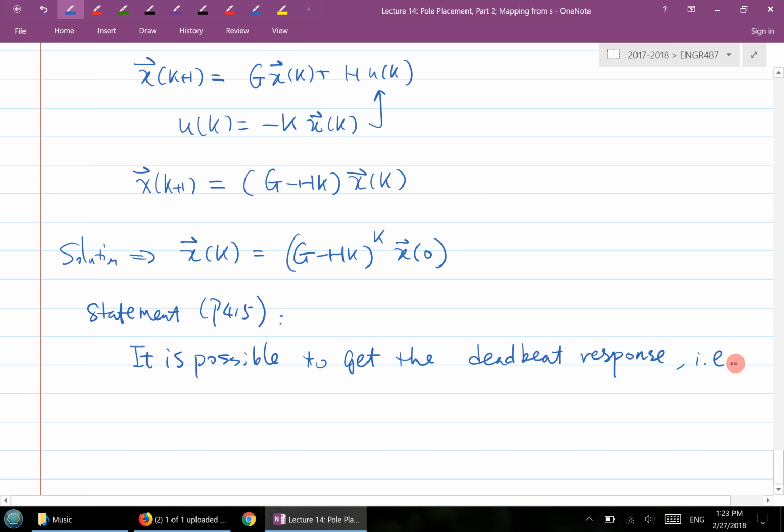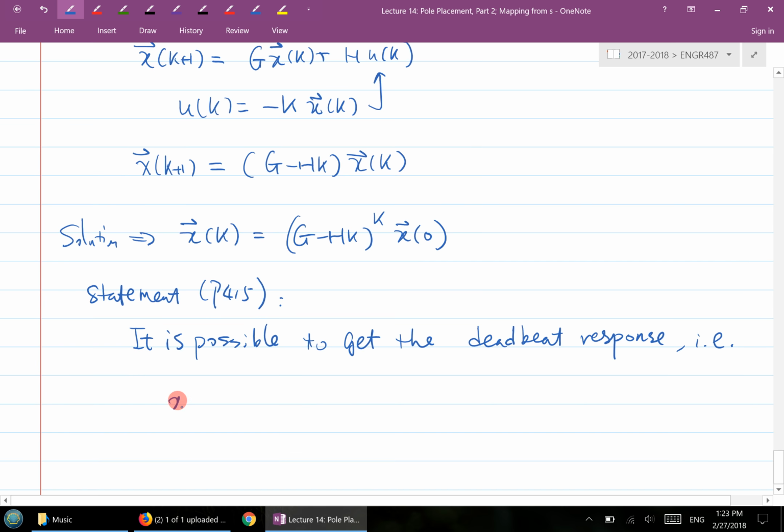By deadbeat response, we mean we can let our x of k become 0 for k greater than a certain q, where q is less than n, and n is the order of the system.